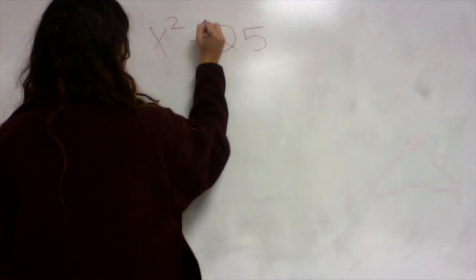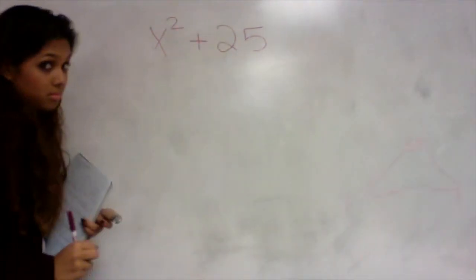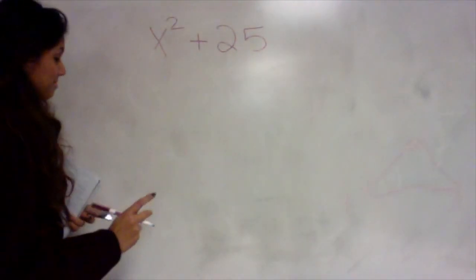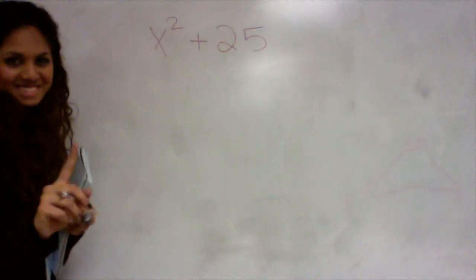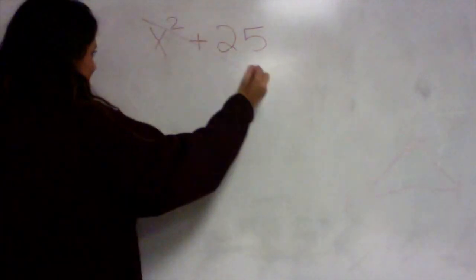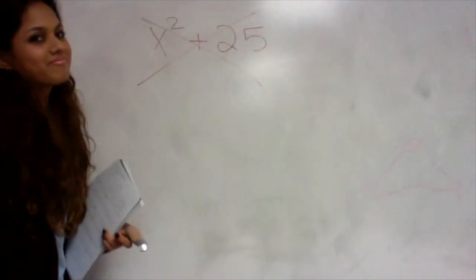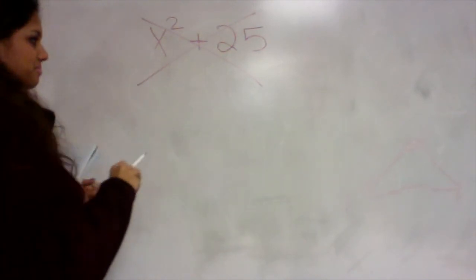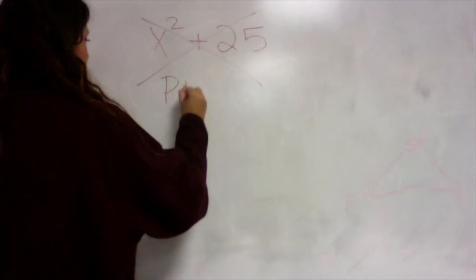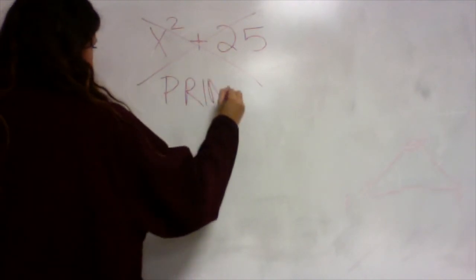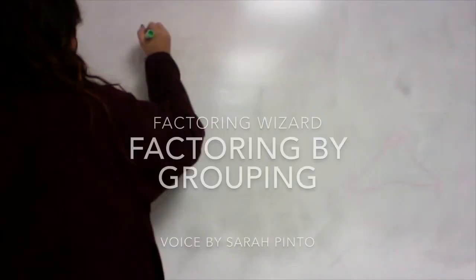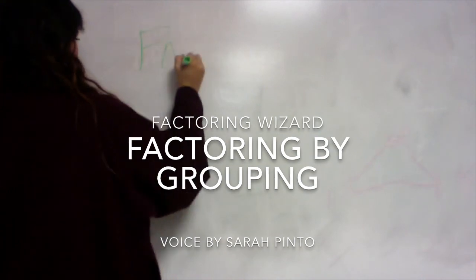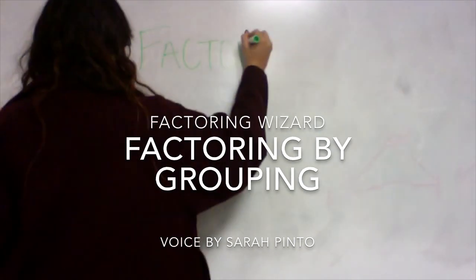If those were to be FOILed, then you would result with x squared minus 25. However, if you change it to an adding, that cannot be done. Why? Because it's prime. Meaning that if you were to try and FOIL it, you would never end up with x squared plus 25. It's not possible.